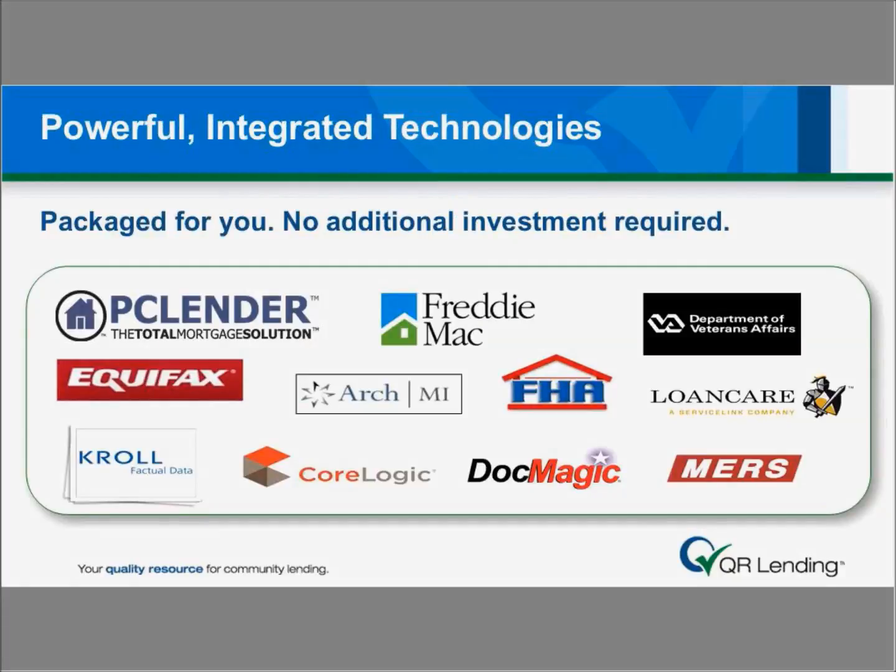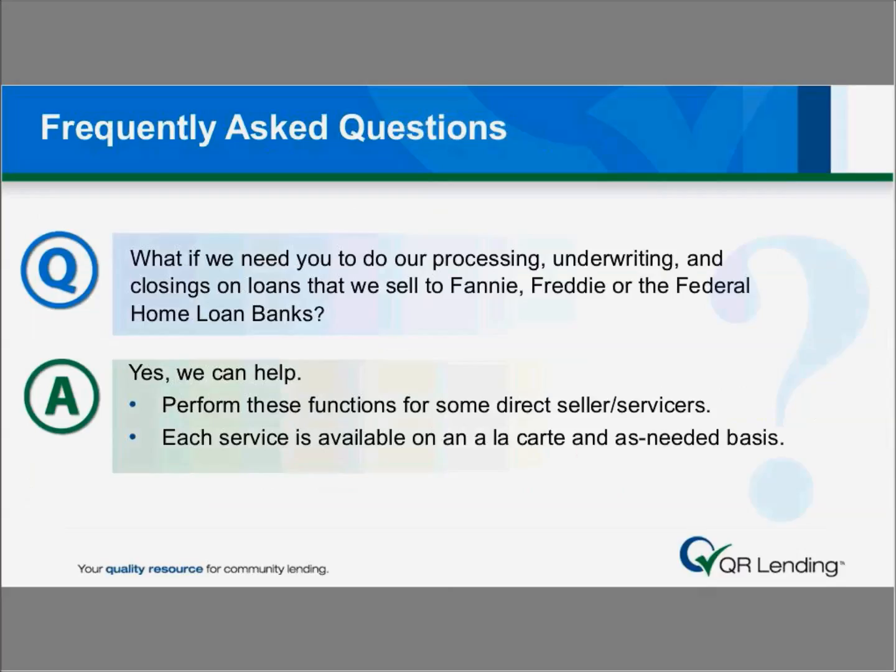Some of the companies that we rely on would include PC Lender, Equifax, CoreLogic, Credco, Kroll Factual Data, CBC, ArchMI, and MGIC, Freddie Mac, Fannie Mae DO, FHA and VA, DocMagic, Loretta Flood Insurance, MERS, LoanCare, InterThinks, and the QR Lending Appraisal Compliance System, all effectively integrated in one package for you to use.